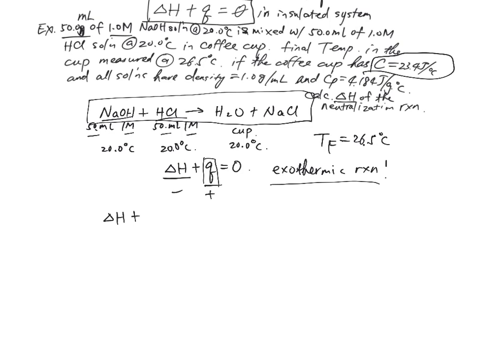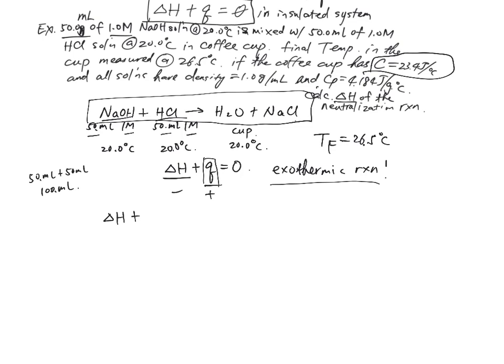they're one big solution. The good thing is when we're trying to figure out a Q, when we're viewing the solution as an object, I don't have to worry too much about different chemicals, concentrations, moles, all that stuff. I can view this big body of solution as 50 milliliters plus 50 milliliters, so a total of 100 milliliters.